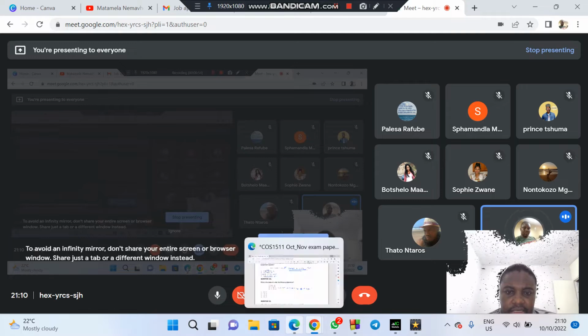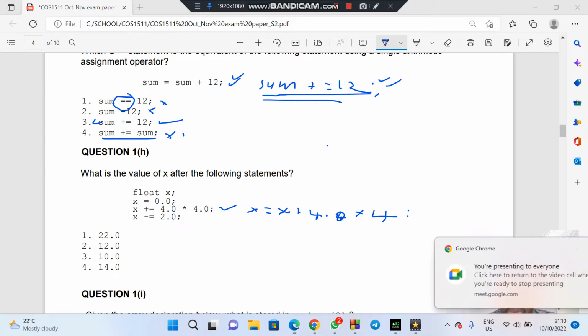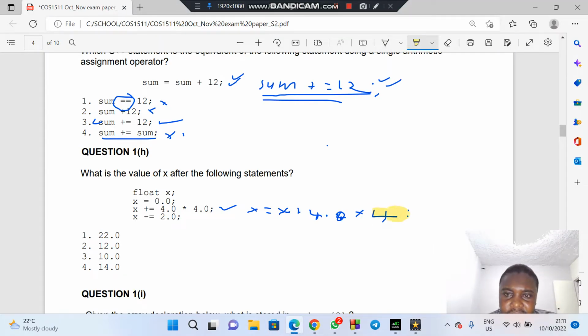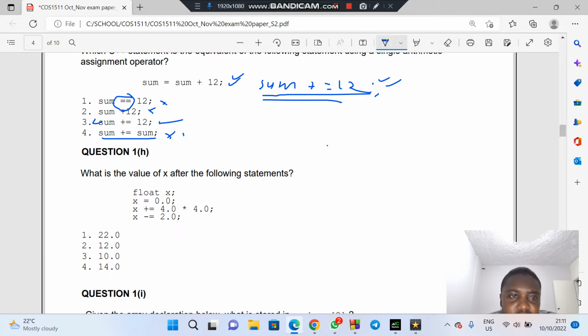Okay, I'm sharing. If you go to the second one, let me erase what I have answered here. This one says, what is the value of x after the following statement?